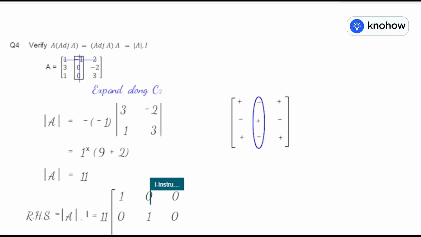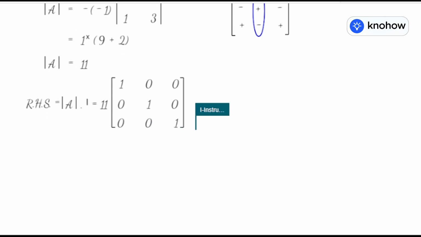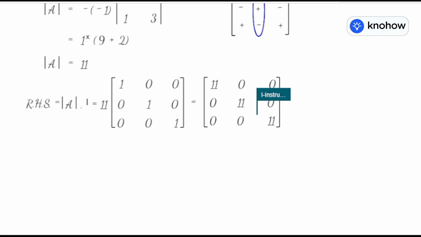So when you multiply it by 11, you get 11, 0, 0, 0, 11, 0, 0, 0, 11. So we have worked out the value of determinant A into identity matrix. If now I could prove that A into adjoint A and adjoint A into A is also the same, we have done one job.